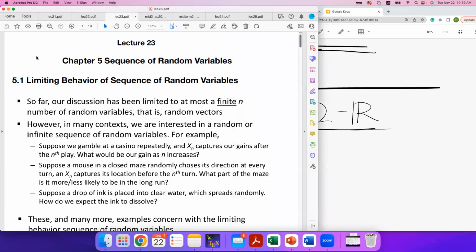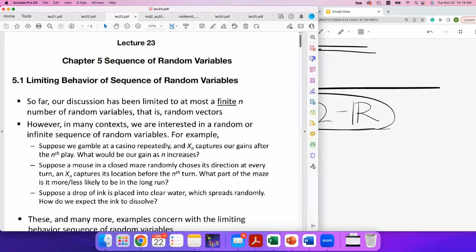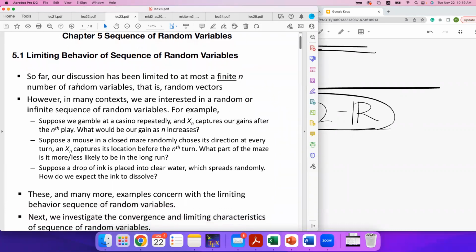In calculus, we have a sequence of numbers or functions, and we look at their limiting and convergence behaviors. For random variables, we can do the same thing. In many cases, we are interested in an infinite sequence of random variables.